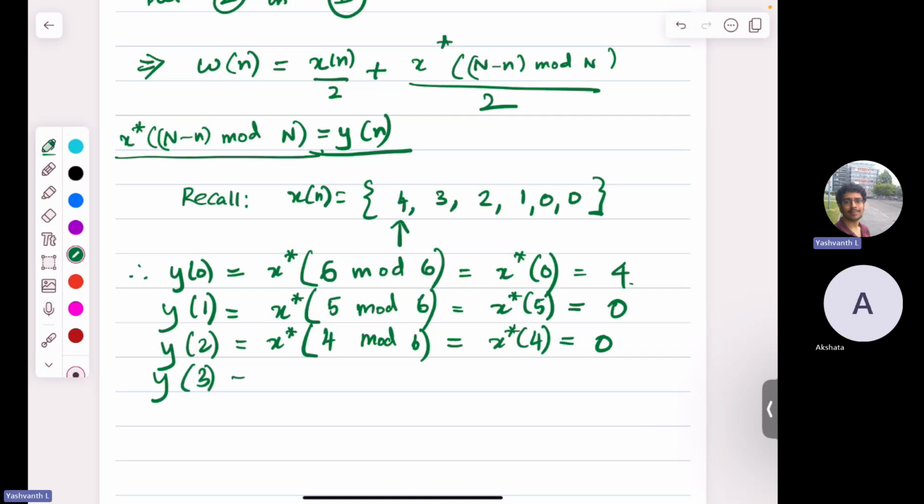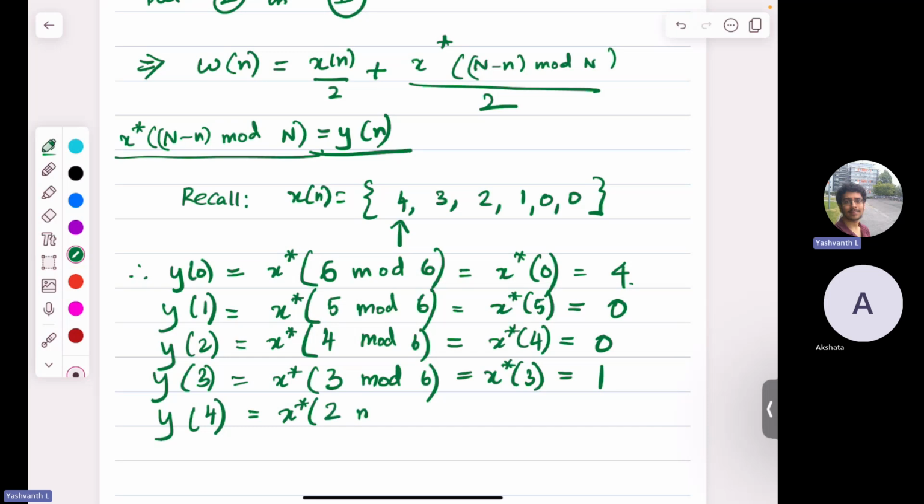Y of 3 equal to x conjugate of 6 minus 3, which is 3 mod 6, which is nothing but x conjugate of 3, which is 1. Y of 4 is x conjugate of 6 minus 4, which is 2 mod 6, which is x conjugate of 2, which is 2.